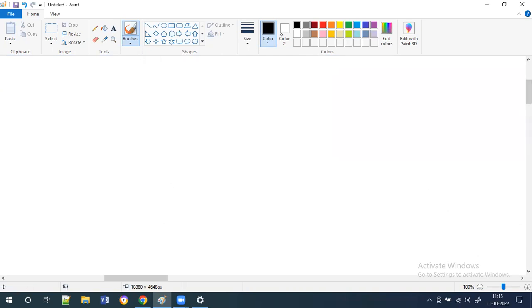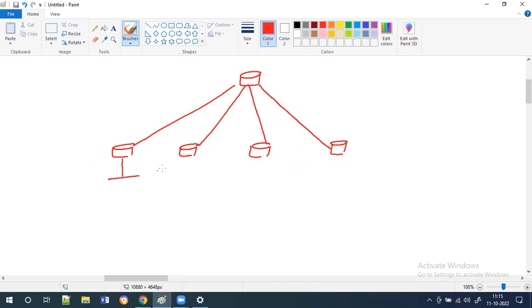Let's come to our diagram once again. So this is head office, branch 1, branch 2, branch 3, branch 4.